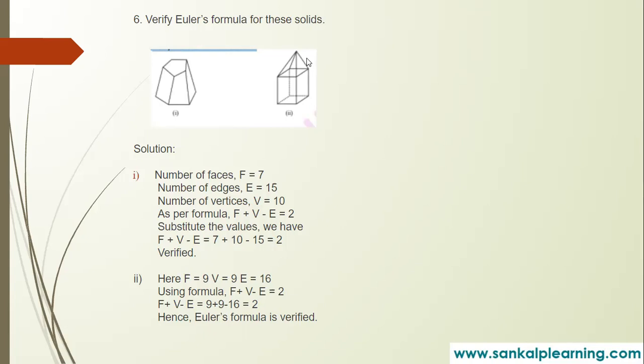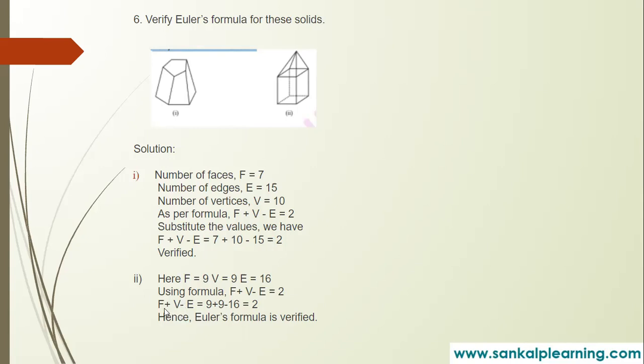Okay, it is a pyramid, children. 1, 2, 3, 4, 5, and so total faces are 9 here, and vertices 1, 2, 3, 4, 5, 6, 7, 8, and this is 9, and edges, see 12, and here 4 are here, so total 16.